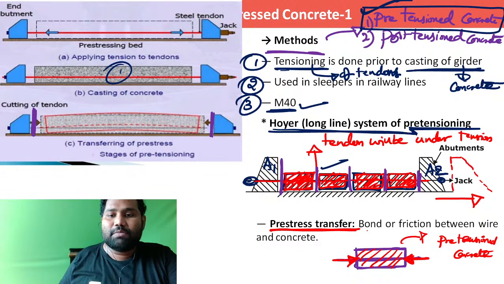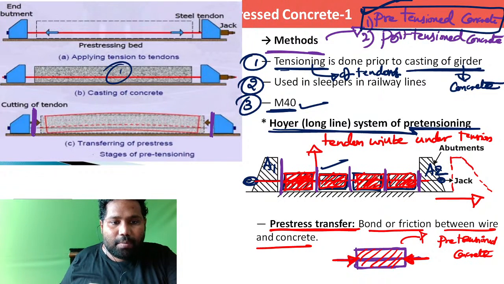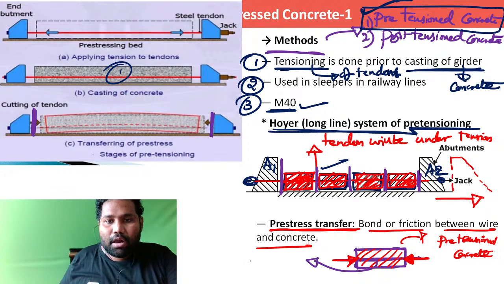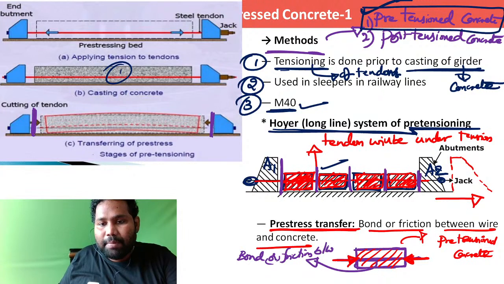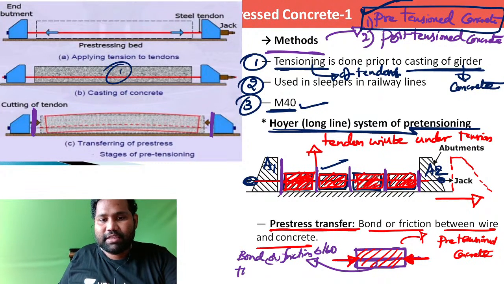Pre-stress transfer is possible here by bond or friction, because of bond or friction between wire and concrete, because definitely there is a bond between them, as I hope you can clearly see. The pre-stress transfer is due to the bond or friction between the tendons and the surrounding concrete.